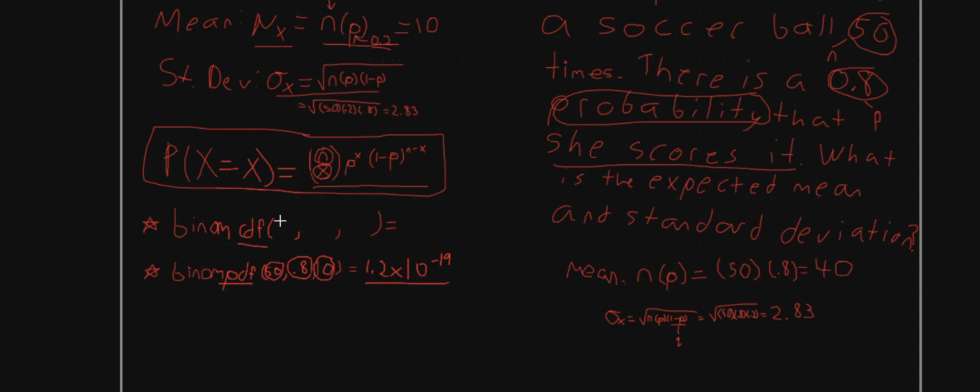That would just be 50 times 0.8 and 10, the same values, except this time it's going to be CDF.